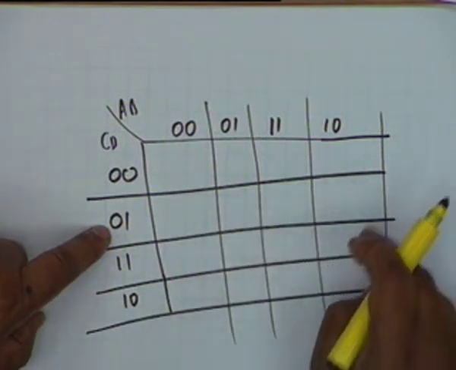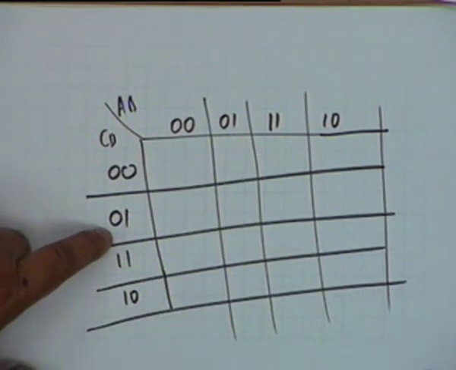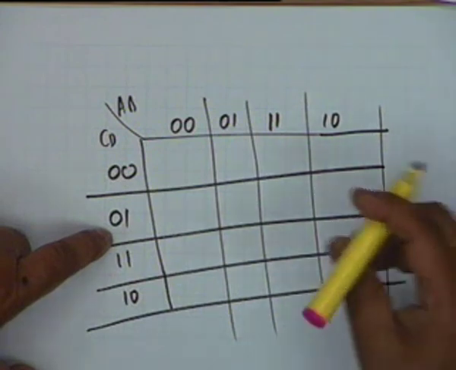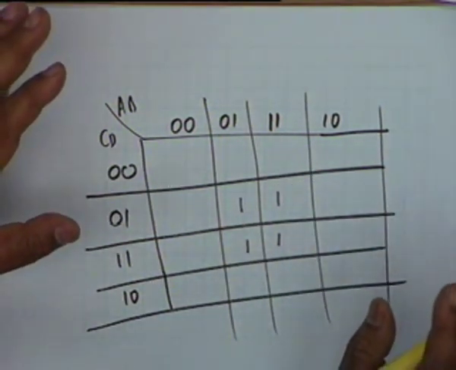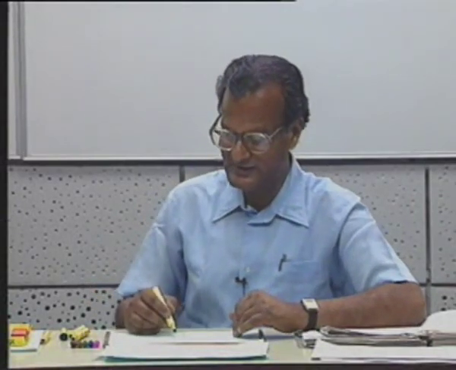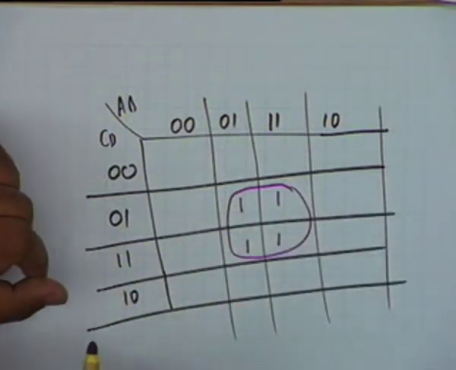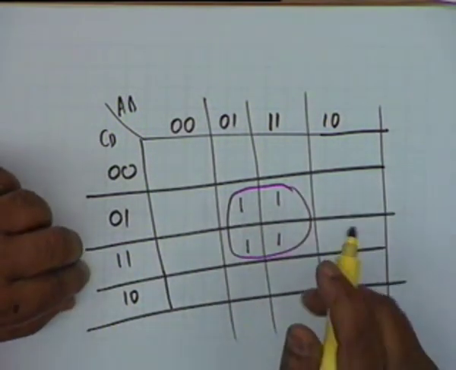Now, in such a situation, it may so happen that there are 4 adjacent ones. Pairs can of course be utilized, but if there are 4 adjacent ones, well, then you enclose them within a curve and look at what it is independent of.